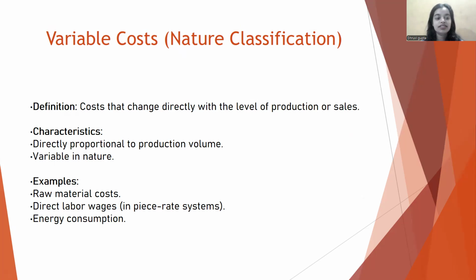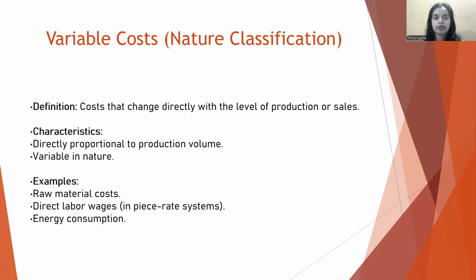The second example is direct labor wages in the piece rate system. The piece rate system is that on a particular piece, there is a rate. So if a person produces or installs three pieces in a day, he will get the rate of three pieces.